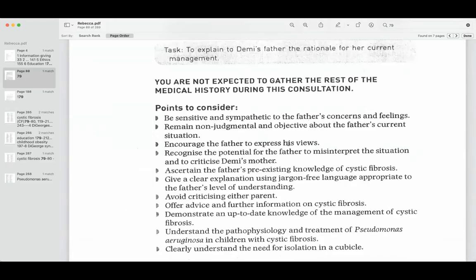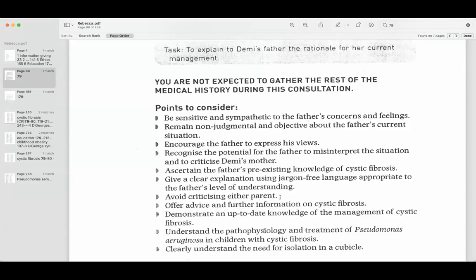Encourage the father to express his views. Recognize the potential for the father to misinterpret the situation and criticize Demi's mother. Ascertain the father's pre-existing knowledge of cystic fibrosis. Give a clear explanation using jargon-free language appropriate to the father's level of understanding.